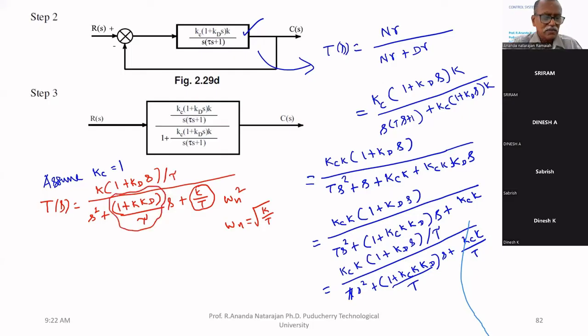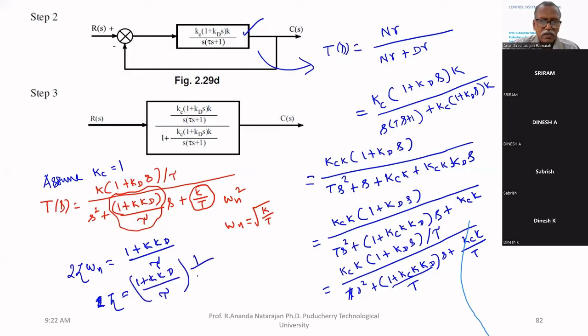It will change zeta because if you see, 2 zeta omega n equal to 1 plus Kd upon tau, or zeta equal to (1 plus Kd upon tau) times 1 by 2 omega n.